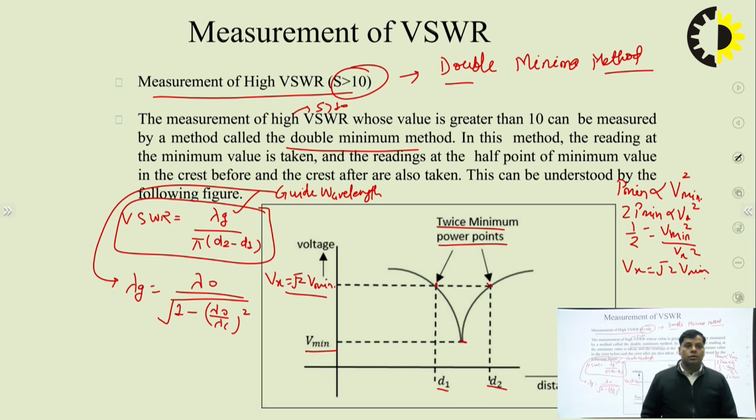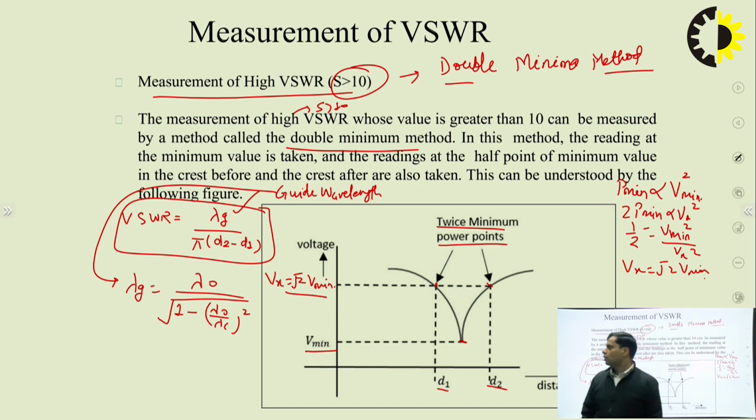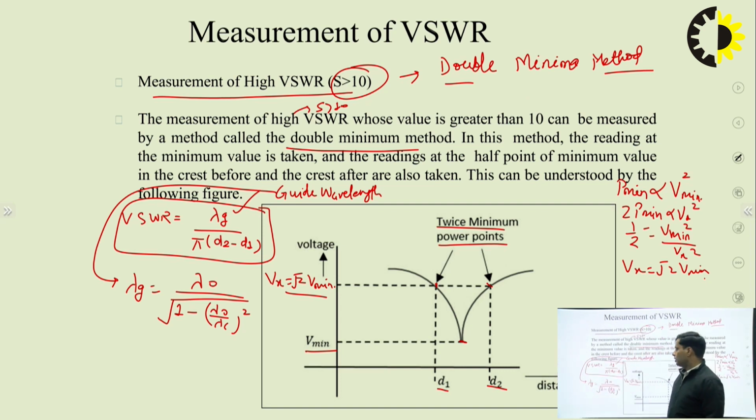By this relation, we can calculate the value of lambda G, that is lambda naught upon under root of 1 minus lambda naught by lambda C square. Here lambda naught is the free space wavelength, and lambda C is the cutoff wavelength.